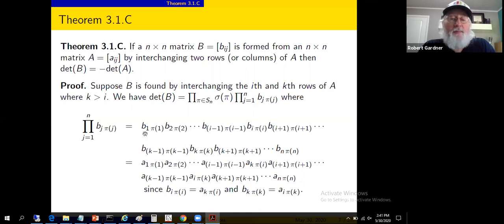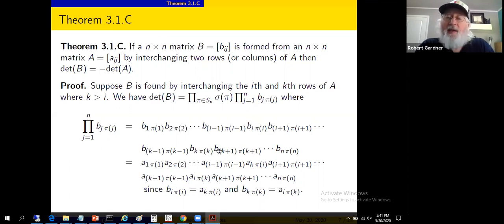So we've written out B sub 1 through B sub n with that second index being pi of the first index. That's how it works. And I've done it that way to call attention to: here's the entry in the ith row, and here's the entry in the kth row.